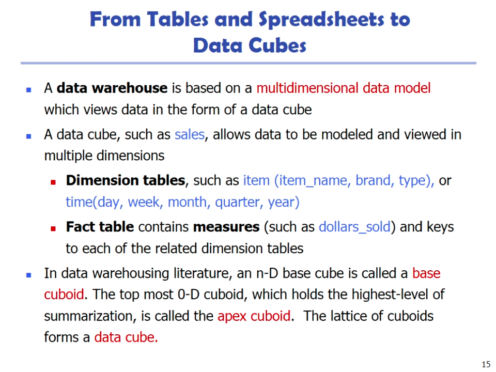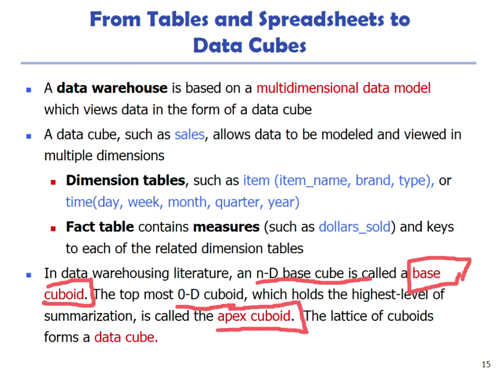So cuboid, when we use an n-D base cube, this is the base cuboid. And for 0 dimension is the apex cuboid. So cuboid means we will make multidimensional data using 0, 1, or n dimensions.